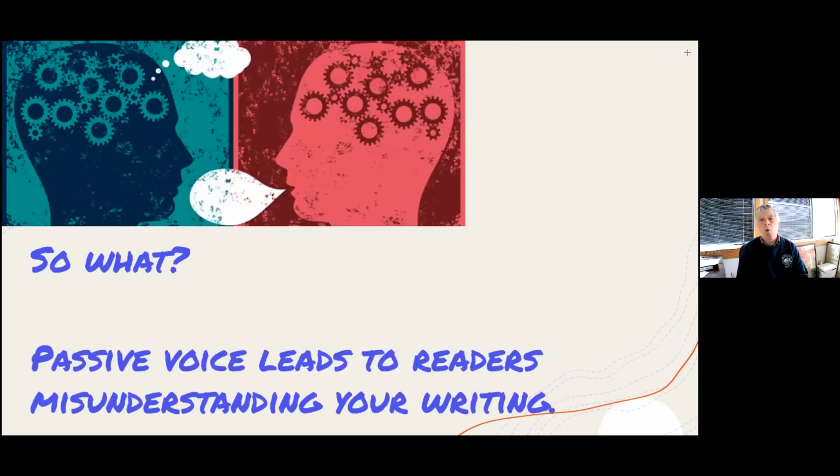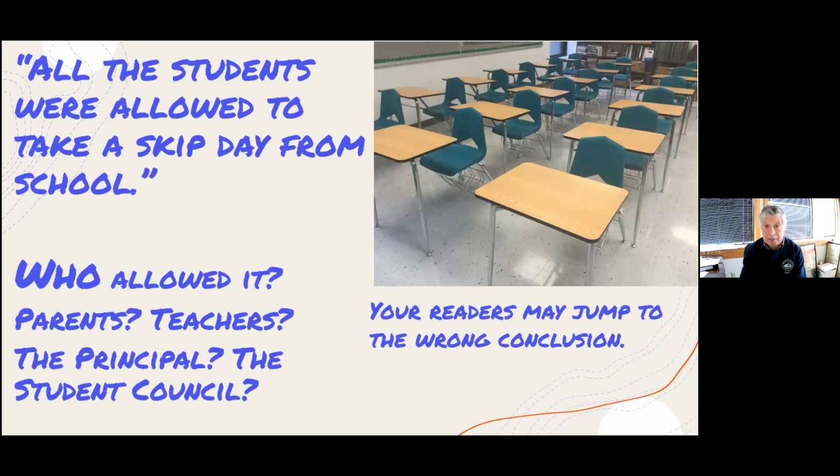All right, so what? Well, passive voice lets the readers misunderstand what you're saying. Now, you may know, you're very clear about it. You know that Jane was washing the dog, but you got a little sloppy, you got a little lazy, and you made it passive voice, and the reader may misunderstand that. So here's an example. All the students were allowed to take a skip day from school. Well, who allowed it?